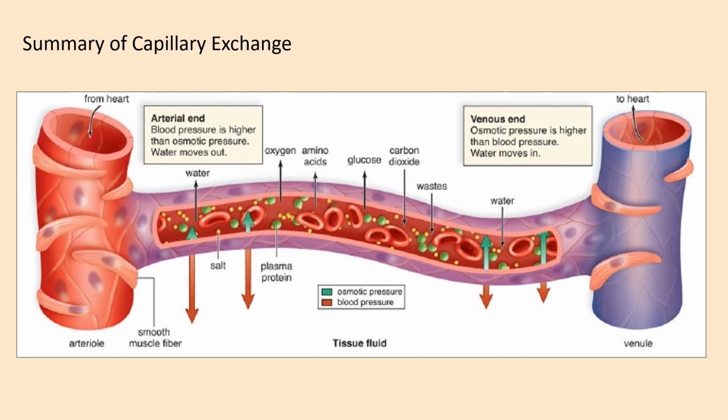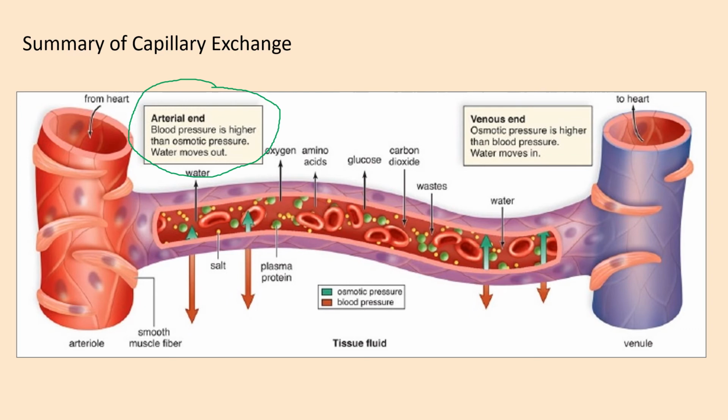So to summarize bulk flow during capillary exchange, we can use this simplified diagram. Notice those 4 forces are not represented here. Instead, there's a summary of those 4 forces. So at the arterial end of a vessel here, ultimately, blood pressure is higher than osmotic pressure, and that allows filtration to occur.